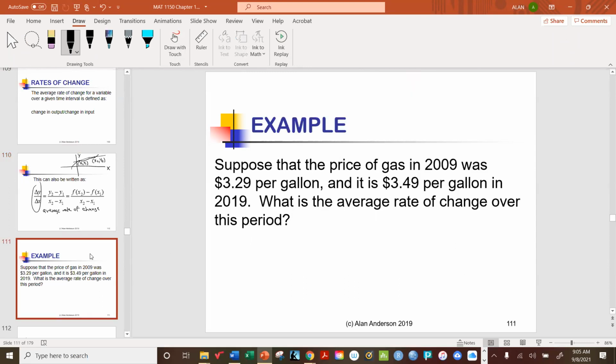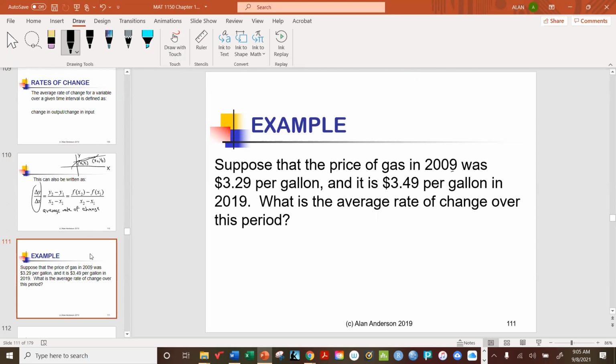So here's a quick and simple example. What if it turns out that the price of gas in, let's say, New York State in 2009 was $3.29 a gallon, and it is currently $3.49 per gallon in, let's say, 2019. What is the average rate of change over this period?